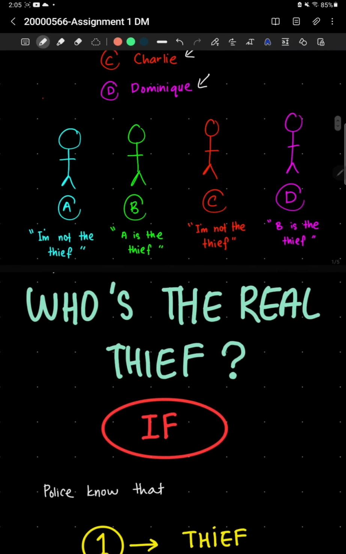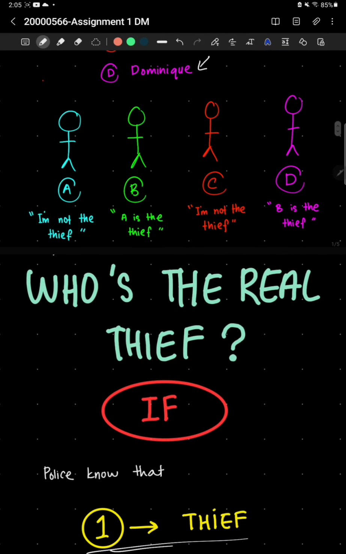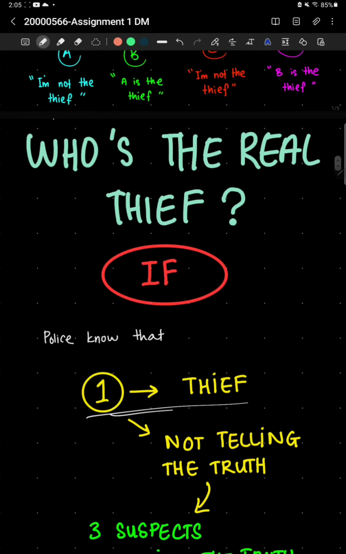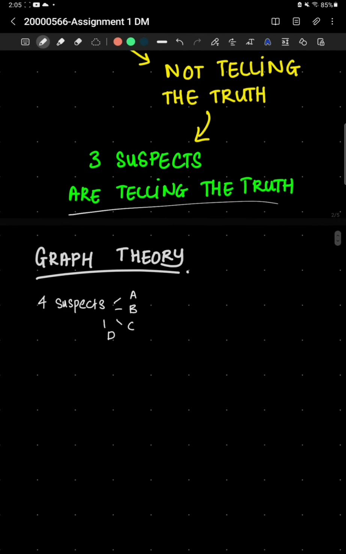So maybe B, C, and D are telling the truth. That means A is the thief, because he lied. So only one thief. Now we are going to solve it by using graph theory.